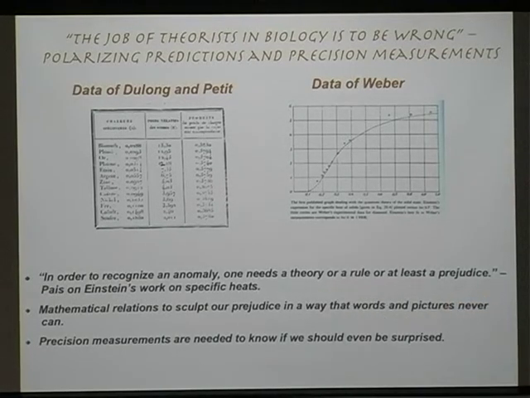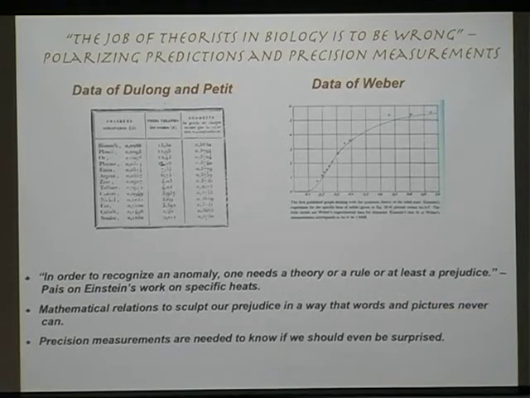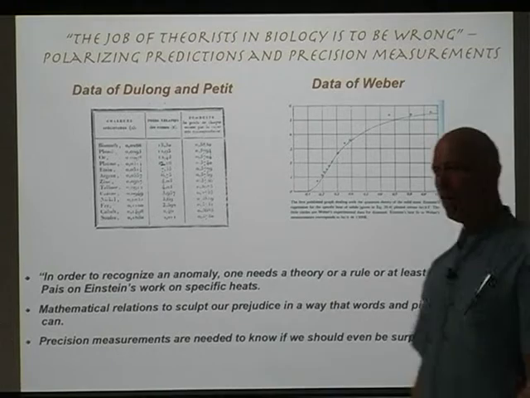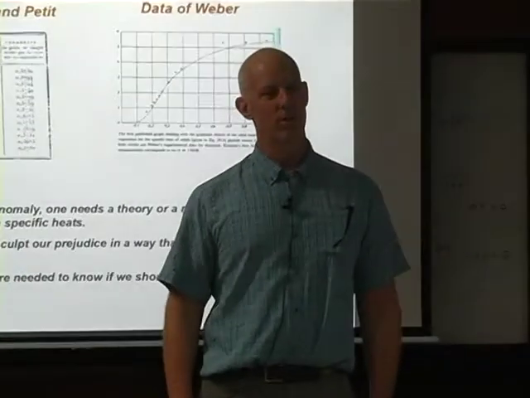There's a really nice biography of Einstein by Abraham Pais called Subtle is the Lord, and there's this really good remark, I think: in order to recognize an anomaly, one needs a theory or a rule or at least a prejudice. Darwin took some heat for his theorizing, and he wrote a very angry letter. It wasn't an email. In this letter, he said, all observation must be for or against a view to be of any service.